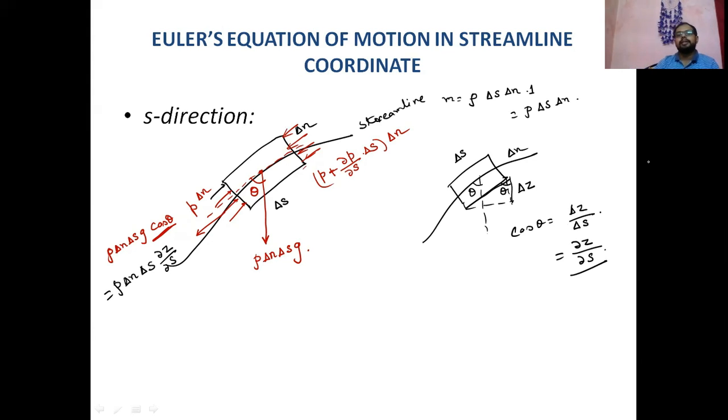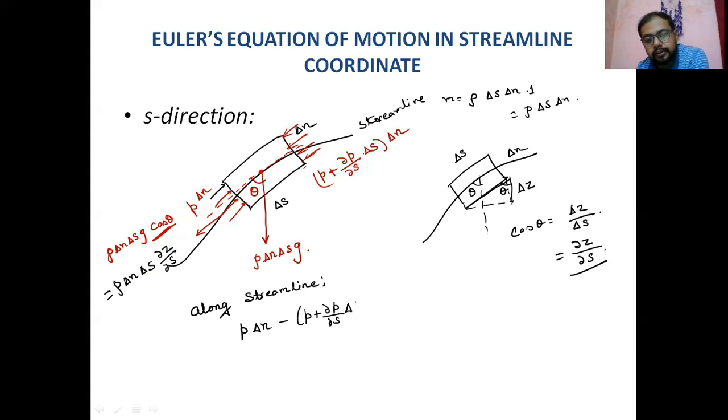So whatever equation is coming along the streamline, or S direction, we do that. The pressure force, or surface force, is P dn minus P plus del P by del S ds times dn.